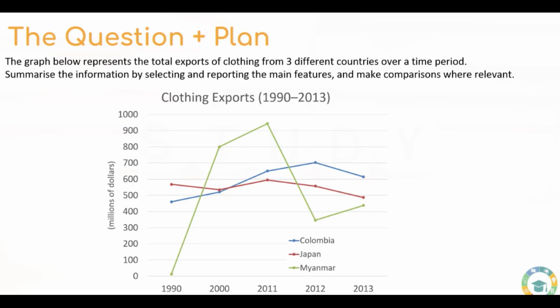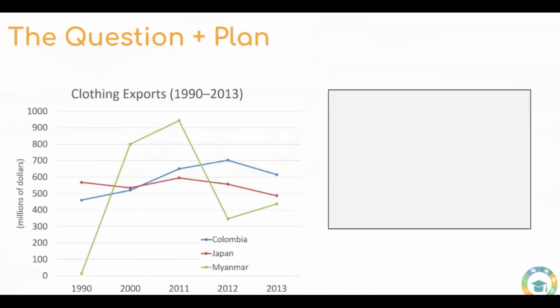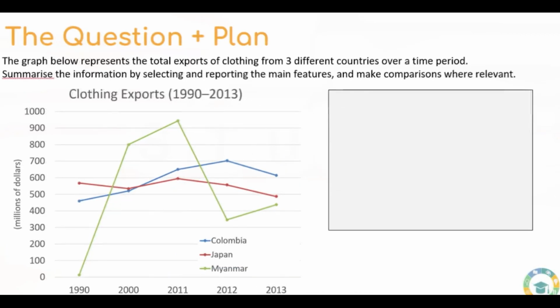So once again, we now need to think about creating our plan. Okay, so we need to begin by grouping our data into the 2 groups. Of course, that will correlate with what I describe in each detailed paragraph. So here is the data that we have.